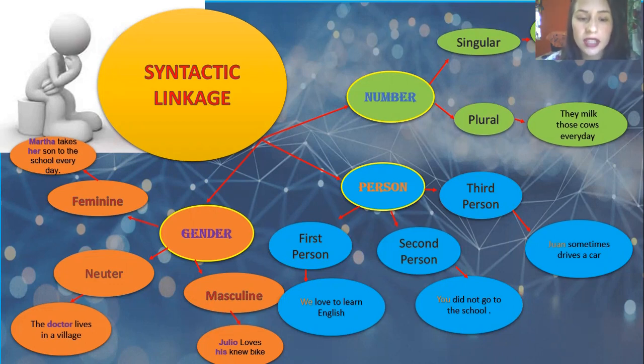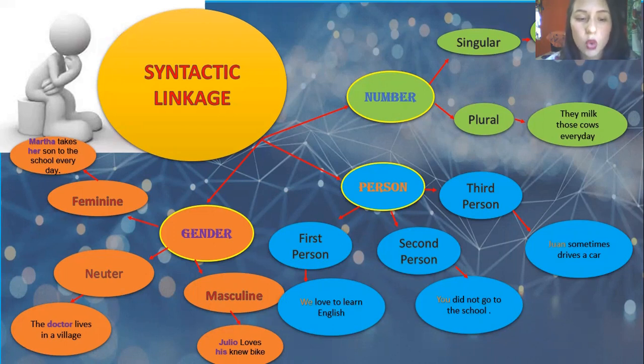In the first example, the verb is singular because an S has been added, since the pronoun is third person singular.